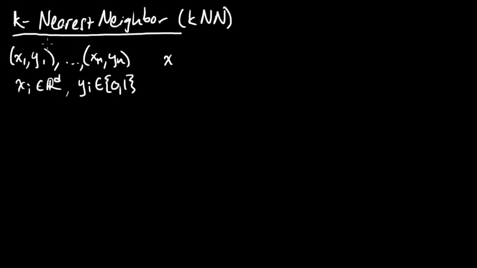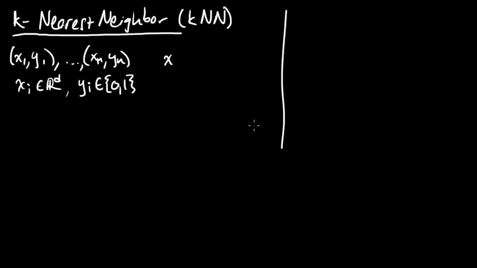Sometimes we call this the training data. So it's a majority vote of the k-nearest points. Neighbor is sort of a funny, not exactly the right way to say this. The k-nearest points might be a better way to describe it.